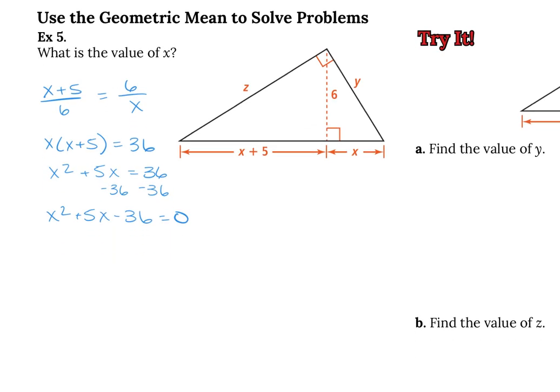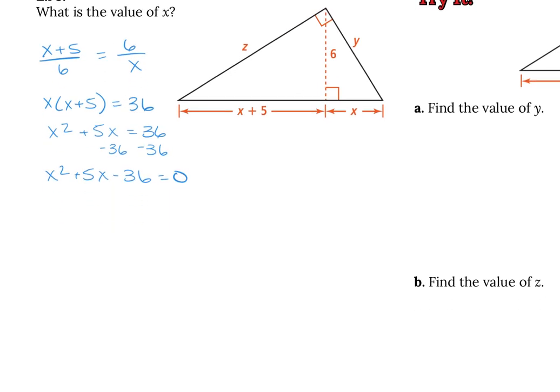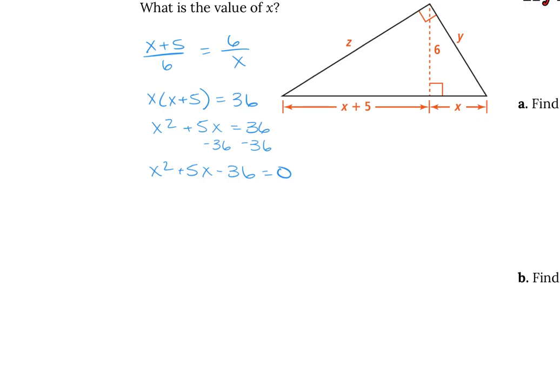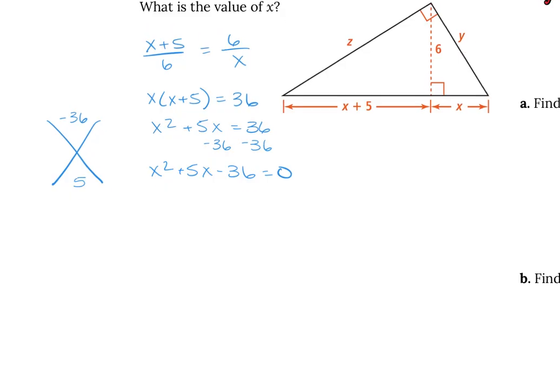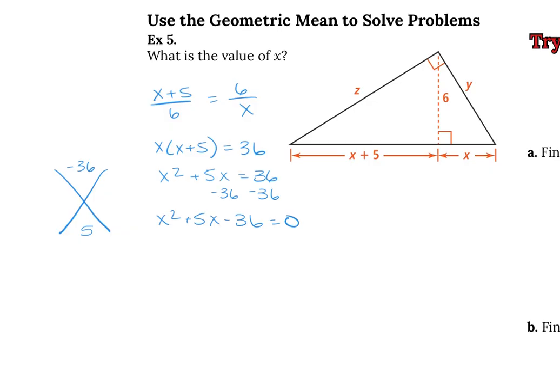All right, I need to factor. Okay, and when I factor, I use the magic X to help me factor. So I multiply A times C, so 1 times the negative 36, I get negative 36 on top. And then B will go in the middle on the bottom, so 5. So I'm looking for two numbers that will multiply to negative 36 but add to a positive 5. So I want to find all my factors of 36.